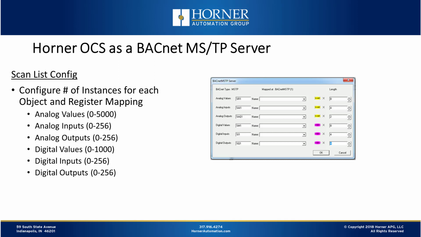From these numbers you can see you have the ability to allocate a whole bunch of instances of analog values, digital values, etc. And if you're talking about a relatively slow RS-485 network, you're probably going to want to keep those to a minimum for sure. Otherwise you could be looking at really lame performance, keeping in mind that with building automation, you're not always needing the highest performance levels.